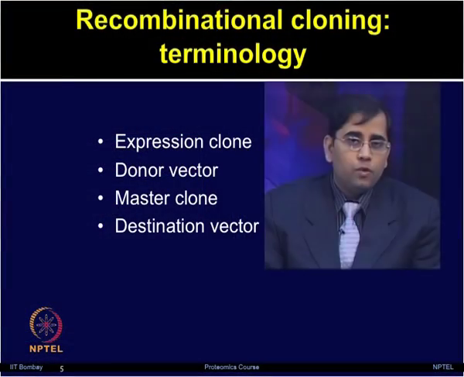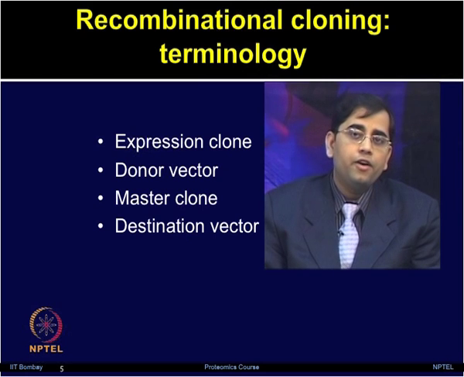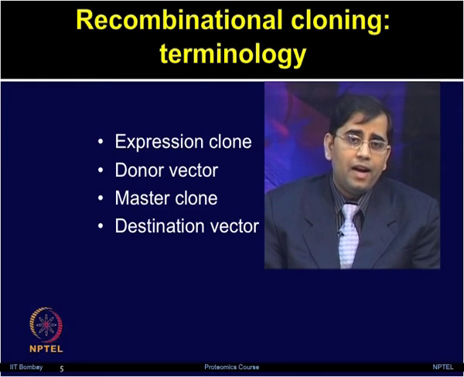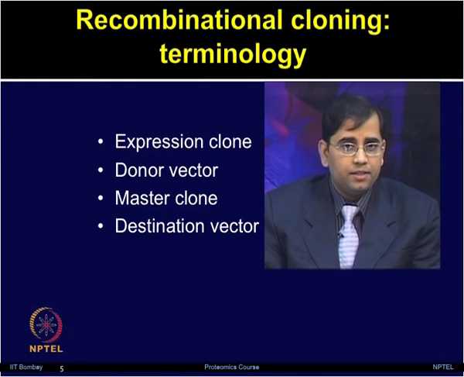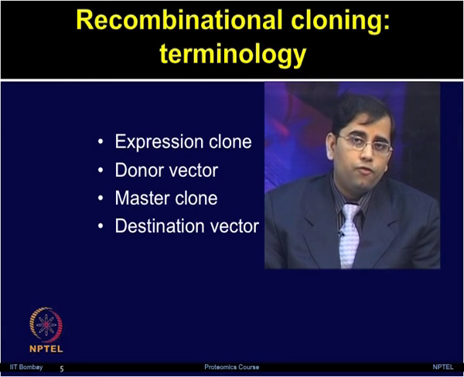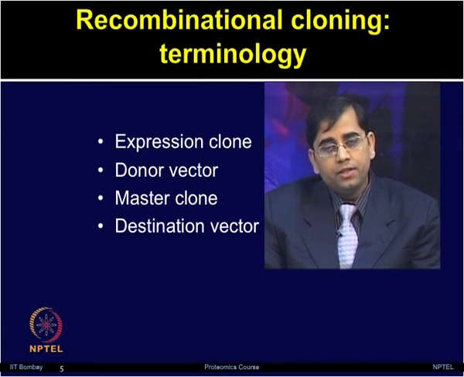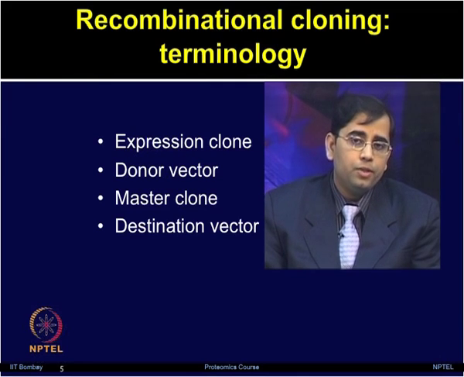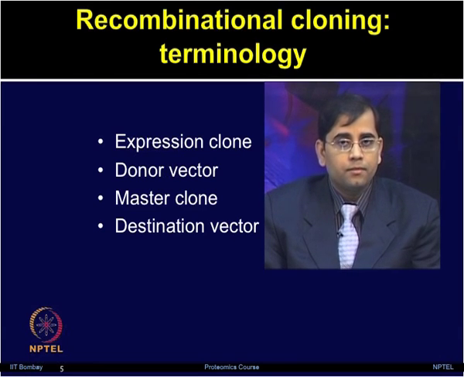So, let us define what a master clone or entry clone is. It is the vector containing the gene of interest flanked by attL sites. Entry clones are formed by the BP reaction and further used in the LR reaction to produce expression clones of interest. What is a destination vector?